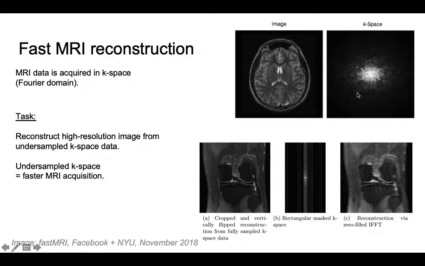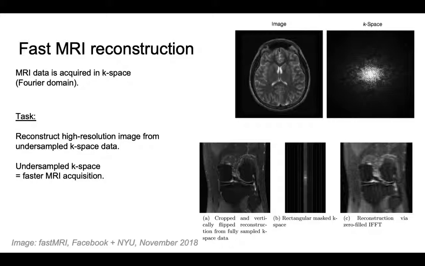Even if you miss a few points, it will cost you a lot. One would like to acquire as little as possible, because each MRI scan takes like 25 minutes or something. If you acquire fewer samples and still reconstruct the same quality image, it's nice.